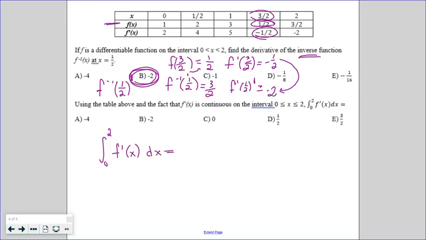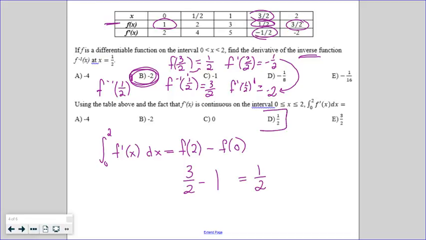Well, the antiderivative of f prime would be f of x, and taking that of the top value minus the bottom value, and those values we can get from our table up here. That f of 2 is here, 3/2. F of 0 is here, which is 1, and 3/2 minus 1 would be 1/2. And that is option D.